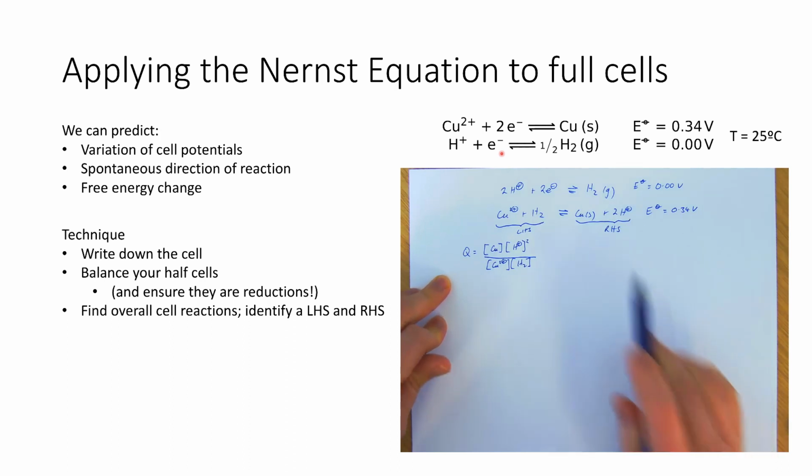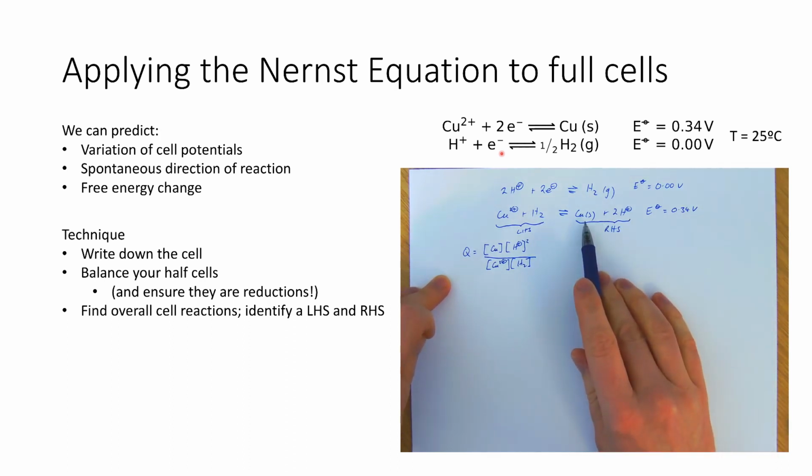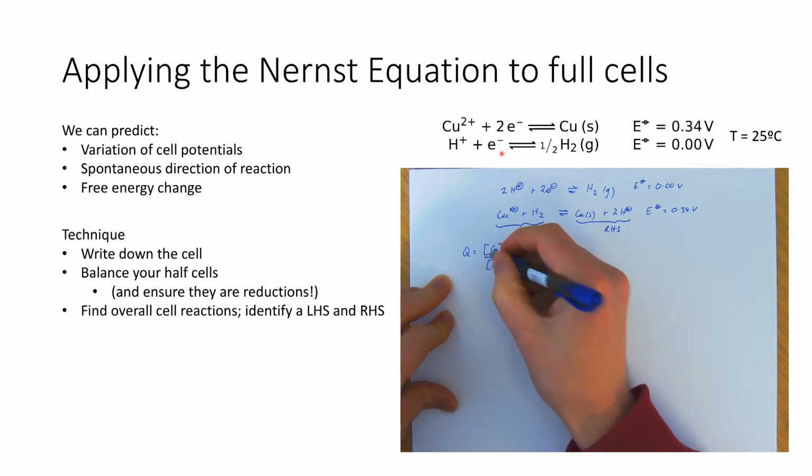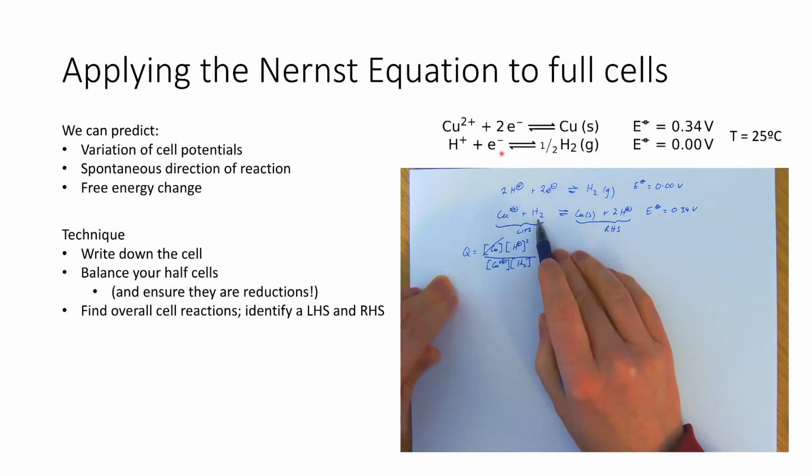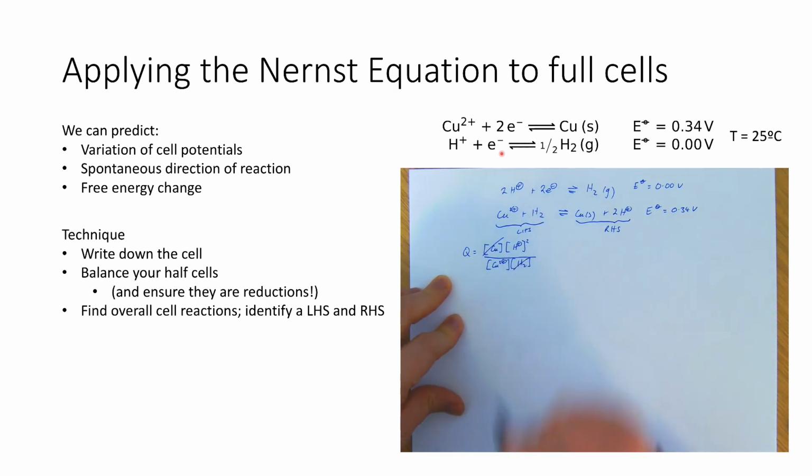Now looking at this, we've got copper solid, so the activity of this is going to be unity. It's not going to be changed by the reaction. It's going to be essentially constant, so we don't need to consider that because it goes to 1. For H2, let's say we're working under standard conditions, so we'd expect 1 atmosphere of pressure, so that would be unity as well. So that can disappear as well. So that tells us everything we want to deal with. Great.